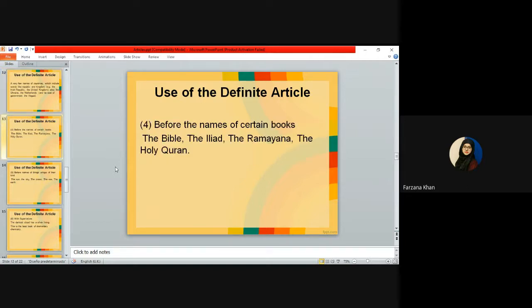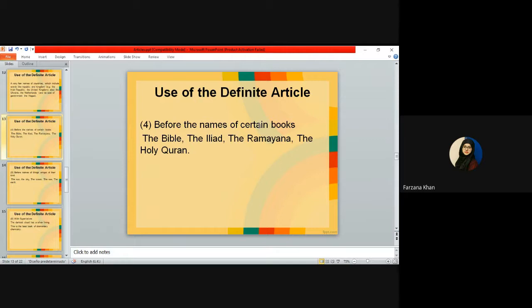Let's move towards the other rule of using the definite article. Here you can see, before the names of certain books. It is a rule in the English language that the definite article is placed before the names of certain books. You can say the names of books which are proper, the names of religious books.